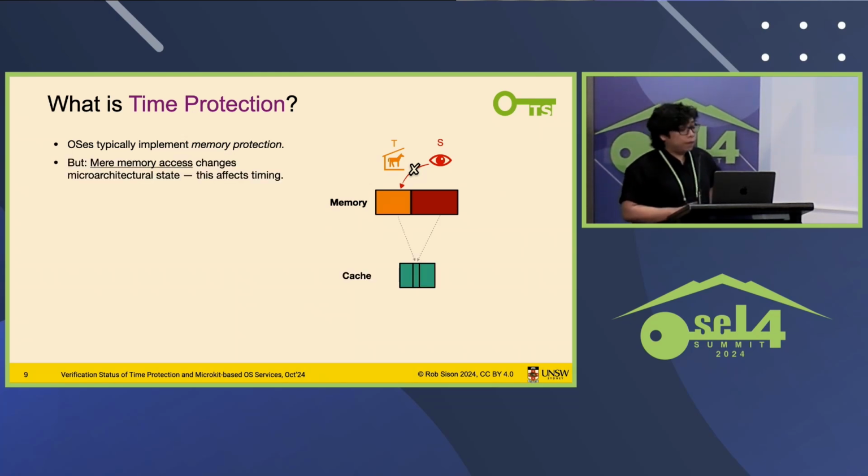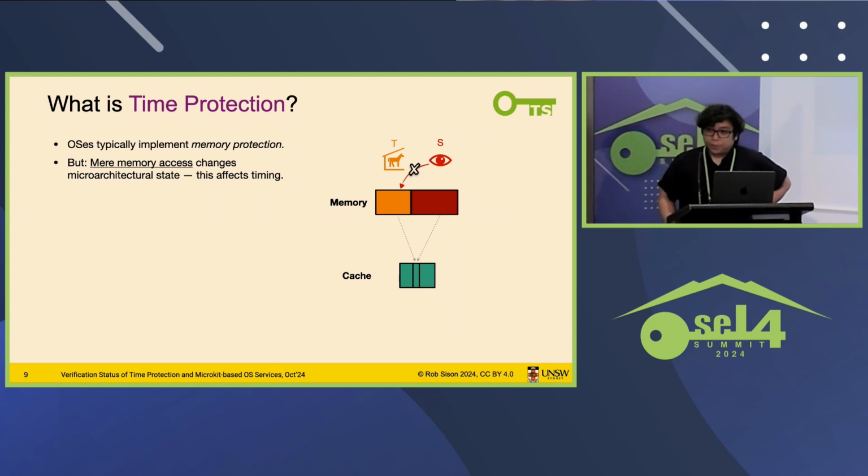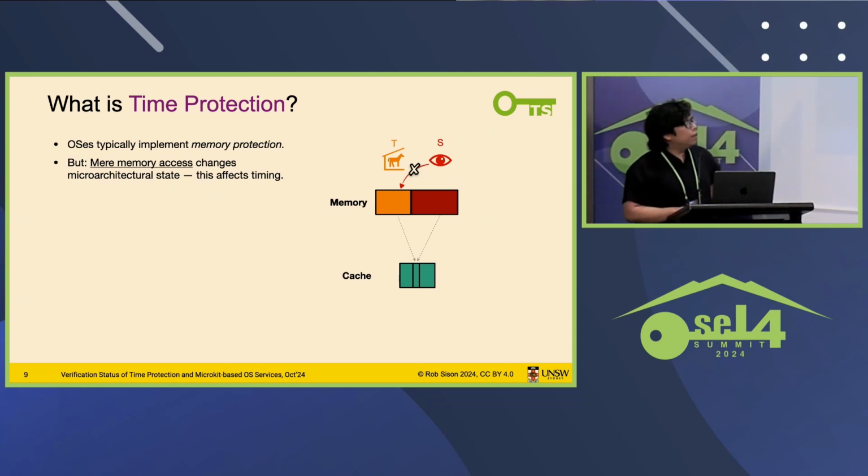Okay? But unfortunately, even if memory protection is implemented, there is a way in which these two can talk to each other. Imagine that you've got the Trojan here, which has access to some secrets, and they're trying to exfiltrate that data to the spy.